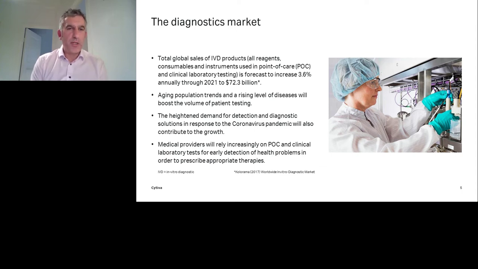Together with an aging population and those kind of trends with rising disease levels, and heightened demand for detection and diagnostic solutions in response to the coronavirus pandemic, these things will all contribute to that growth. And in addition to that, medical providers are increasingly relying on point of care and clinical lab tests for early detection to facilitate them delivering appropriate therapies.